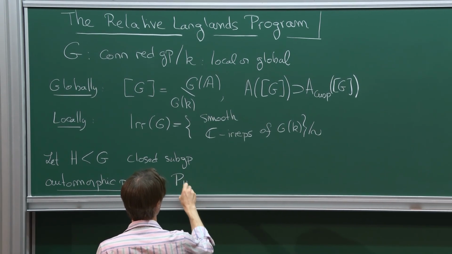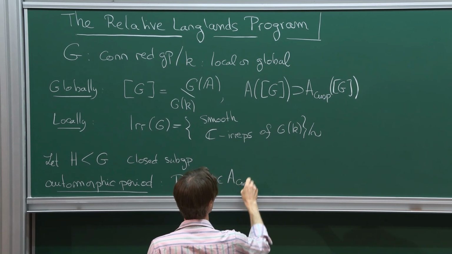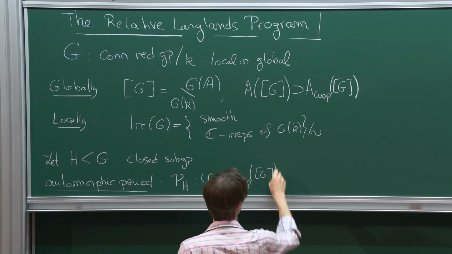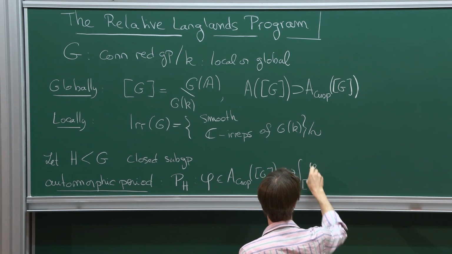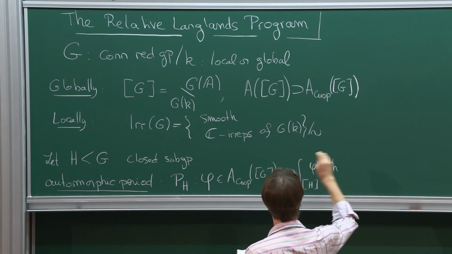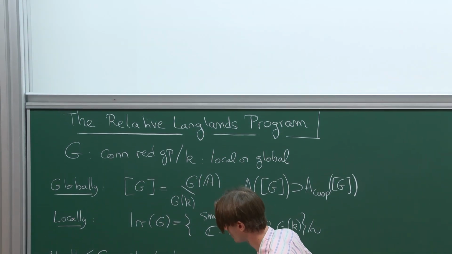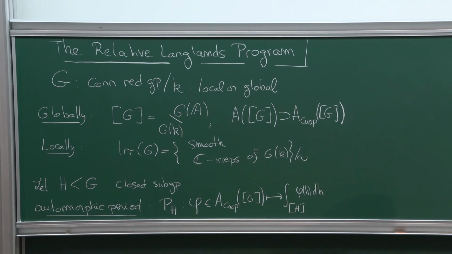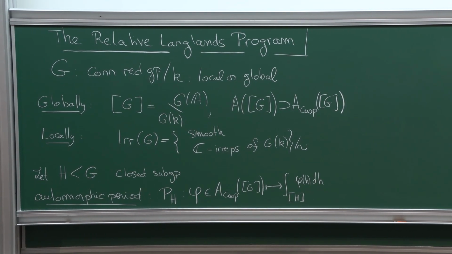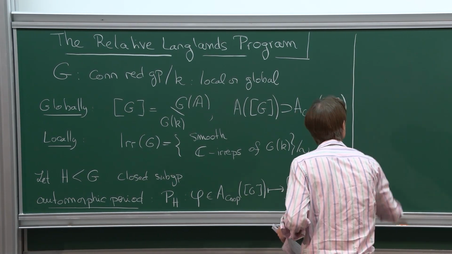The automorphic period along H is just a linear form on the space of cusp forms, sending phi to its integral over H. It was realized on some examples that these linear forms are often related to special cases of functoriality and/or L-functions. So let me give you three examples of such relations.